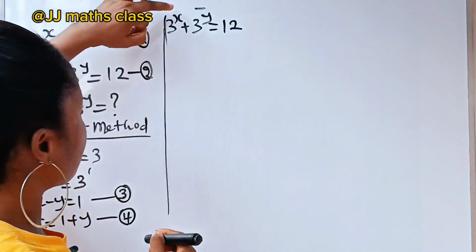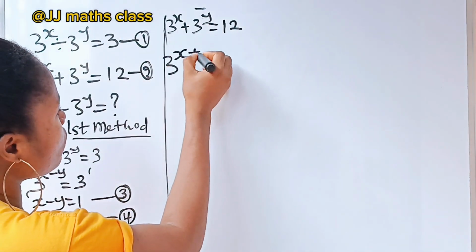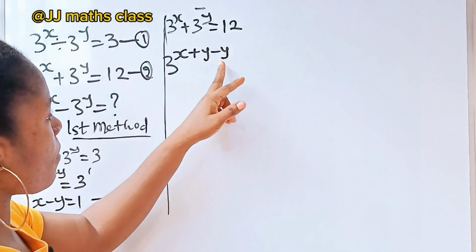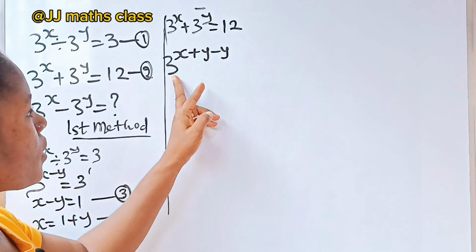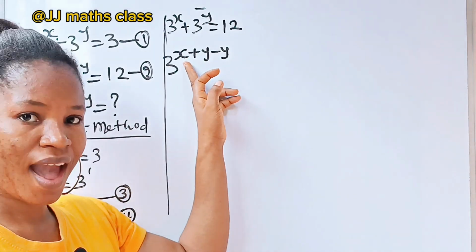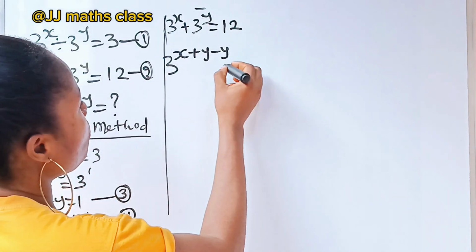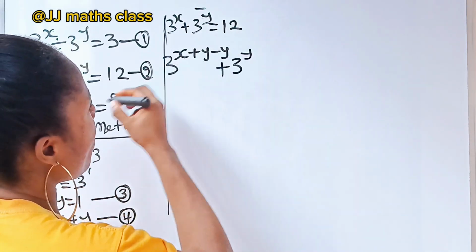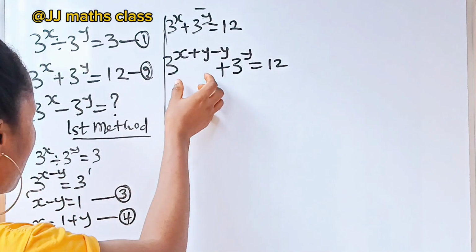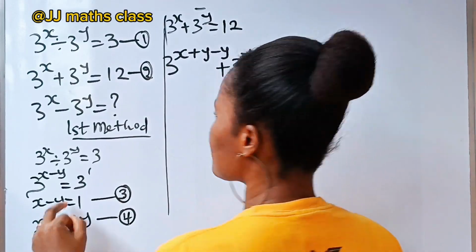Now, x can be written as x plus y minus y. Hope you know, yes, because y minus y is 0. So 3 to the power of x plus 0 is still 3 to the power of x. You see that, right? So plus 3 to the power of y is equal to 12. Now looking at this, we have x minus y here, right?